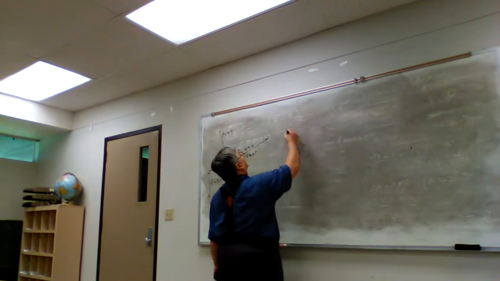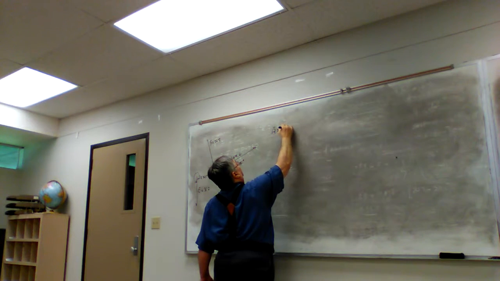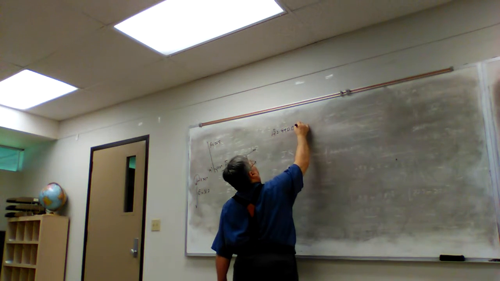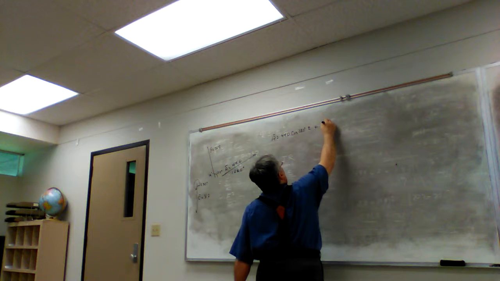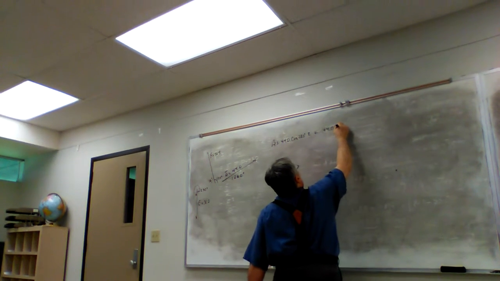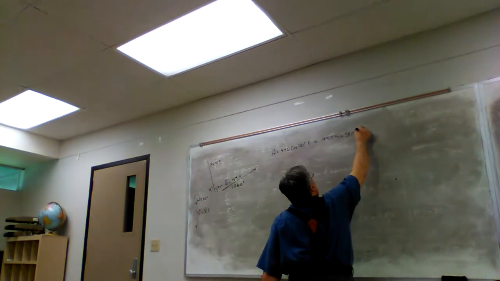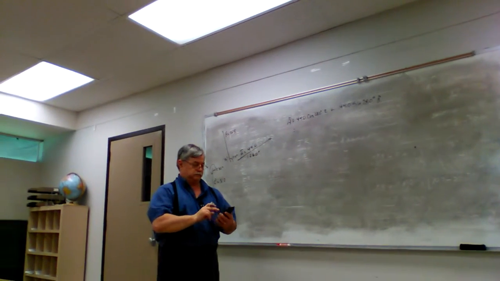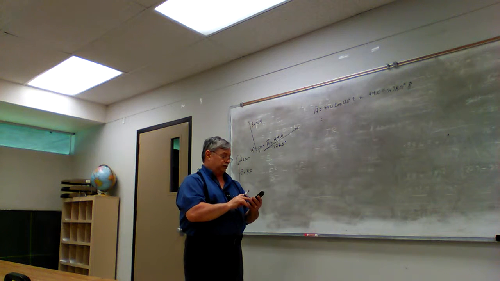That means A is going to be 44.0 times the cosine of 28 degrees I plus 44.0 times the sine of 28 degrees J. Which, if we do the arithmetic, somebody do the calculations.